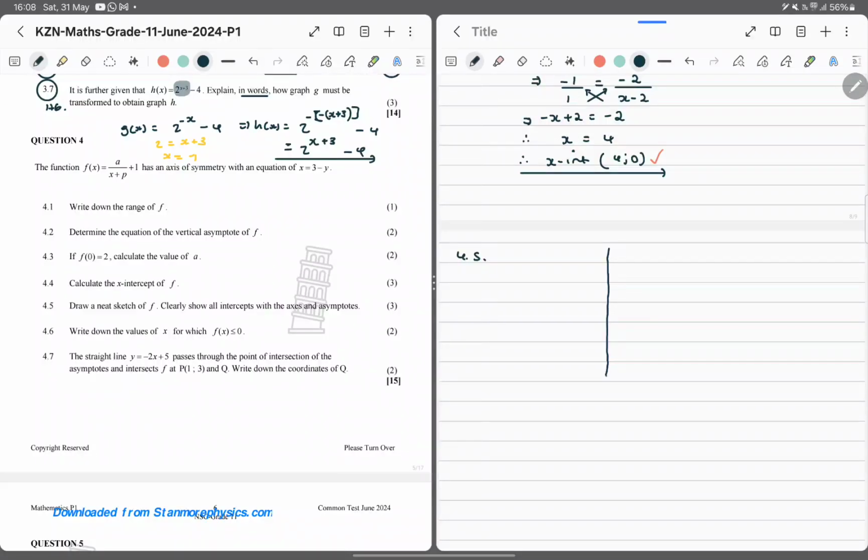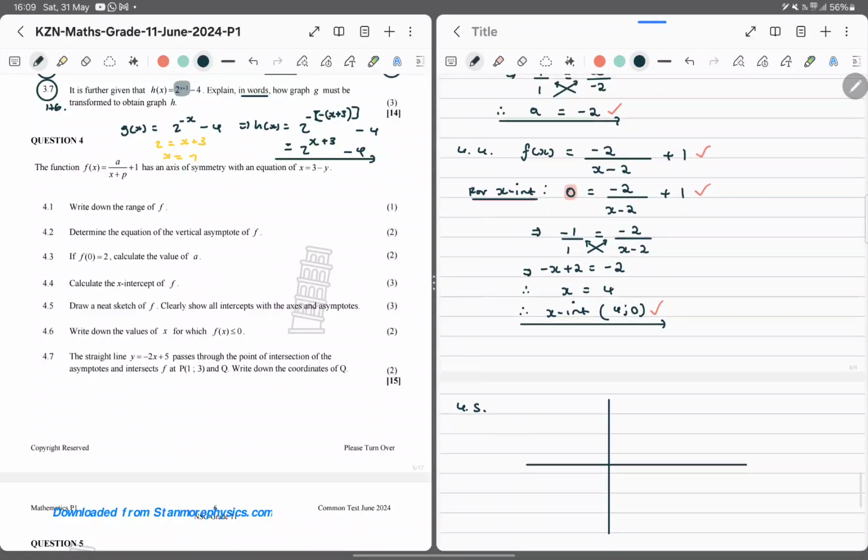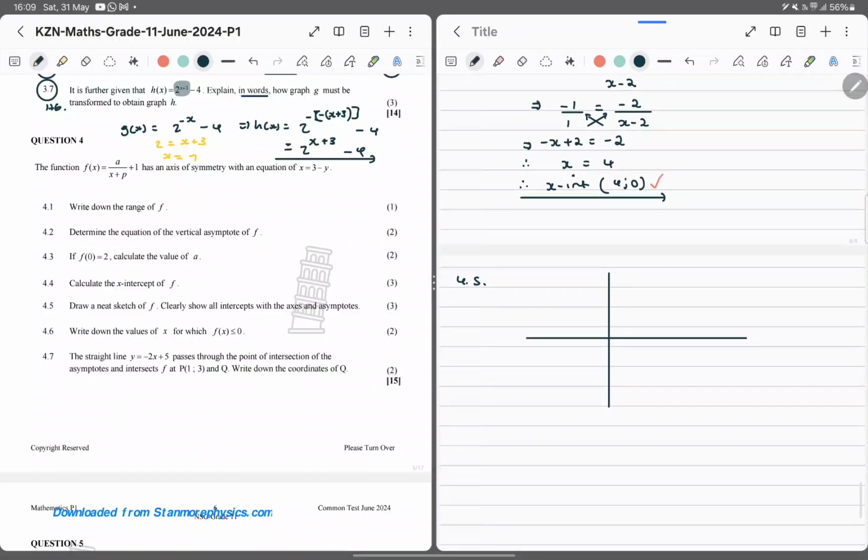4.5, we can put down the sketch. Now, we have an asymptote at 2, a vertical asymptote. I can say this is 2 over here. And we have another one at 1.